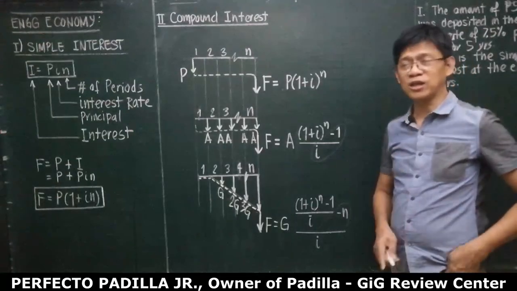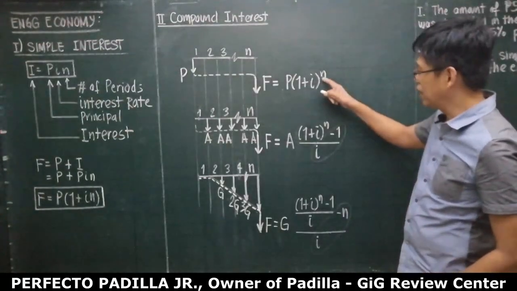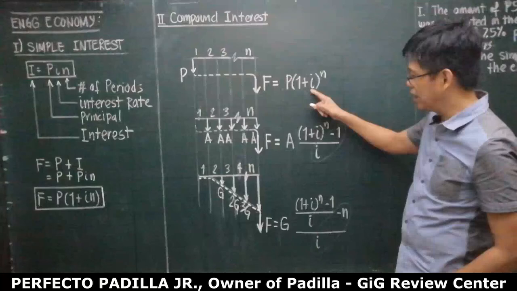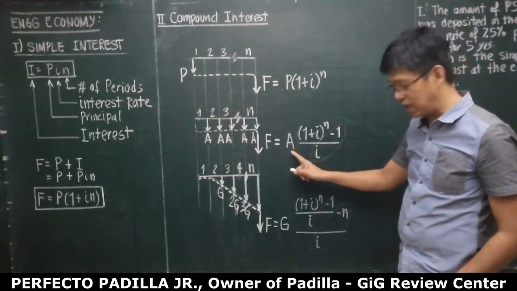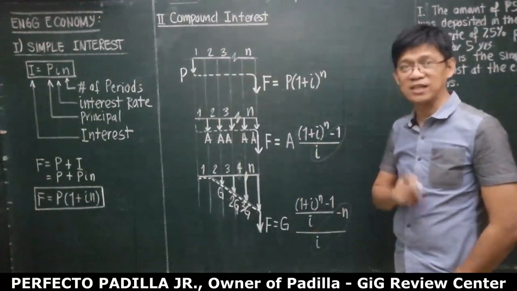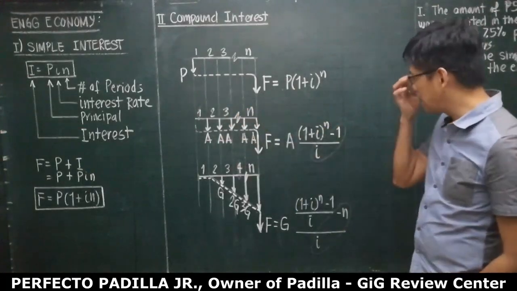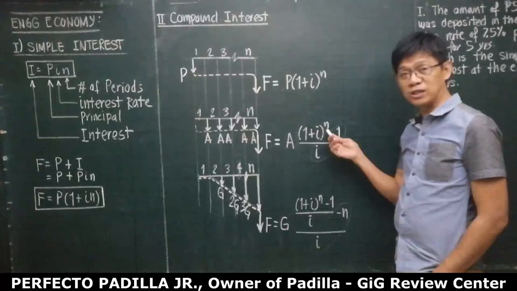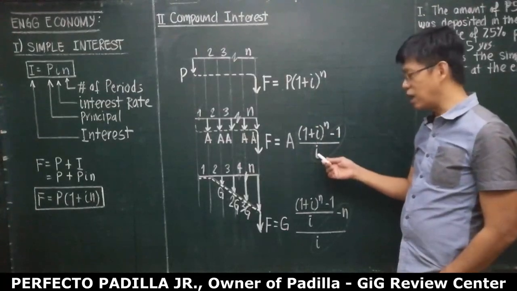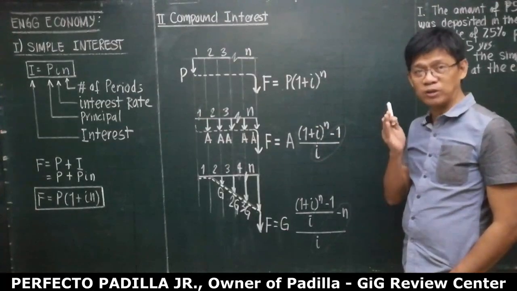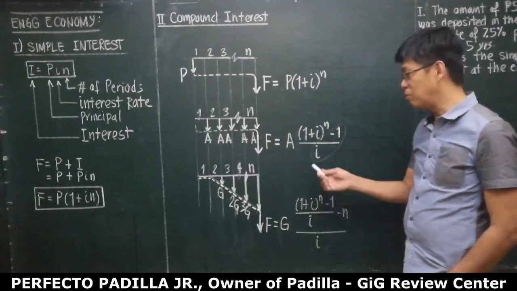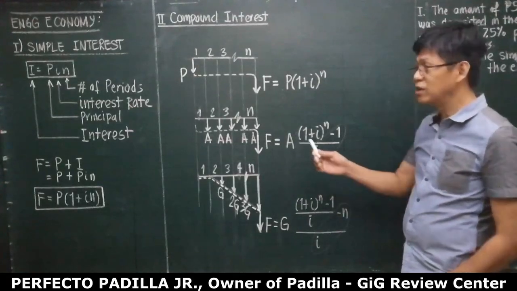Ang tatandaan nyo sa units nito, yung n, yung i, saka yung frequency ng A or G, dapat parehas. Pag yung A mo, annual payments, dapat yung n mo, annuals or years, etong i, per year, compounded yearly. Dito, may compounding period.